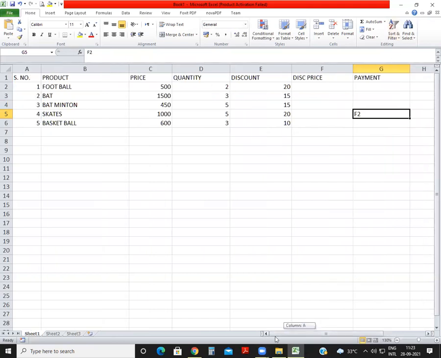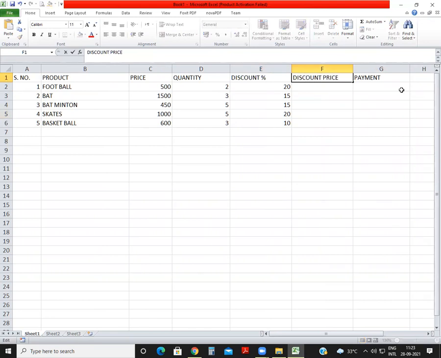Then you will get the option to edit the cell. Now you can write the percentage sign also, so it will be easy for us to understand that this 20 is a percentage.